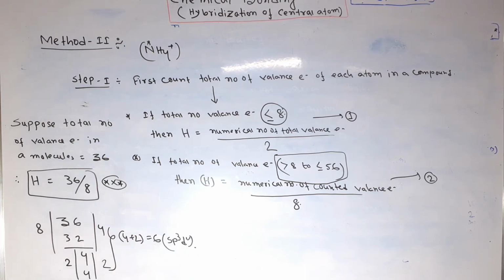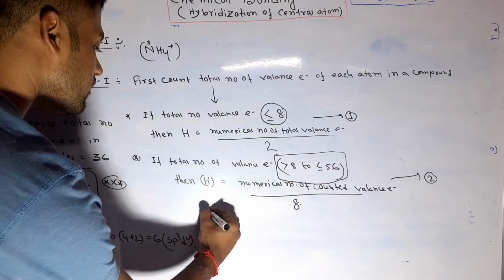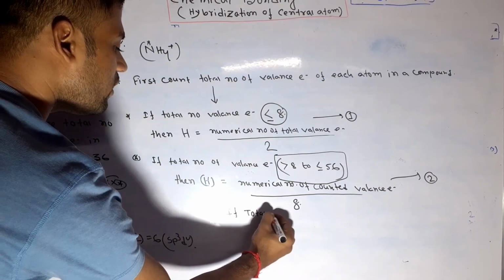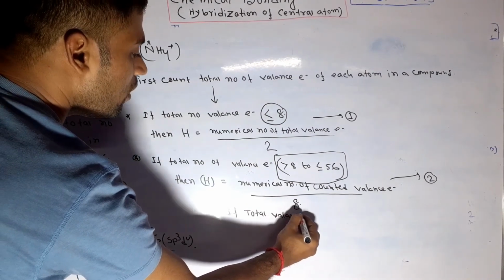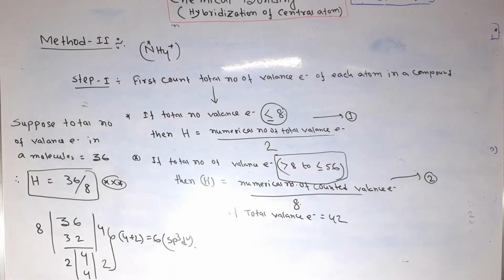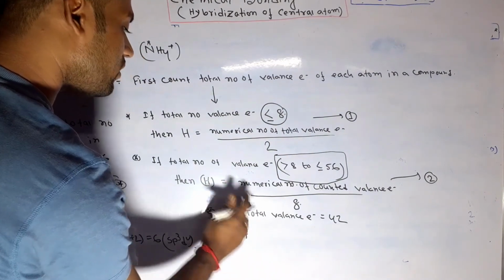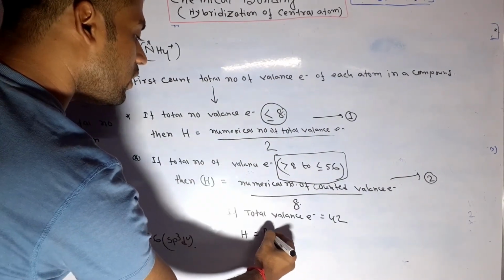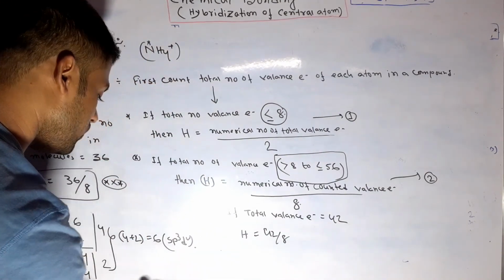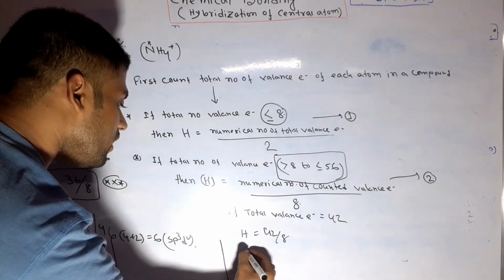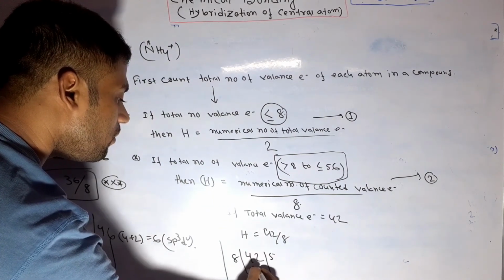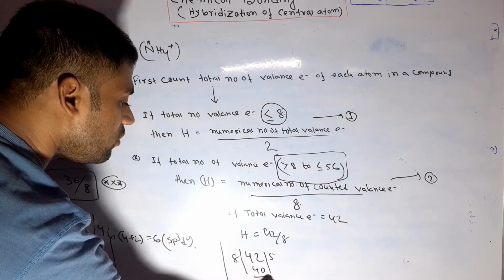Suppose the next case: you counted the total valence electrons in a compound as 42. Then the hybridization number follows the second rule, 42 by 8. This dividing procedure is totally normal. 42 divided by 8 is 5, 8 times 5 is 40. The remaining portion is 2.